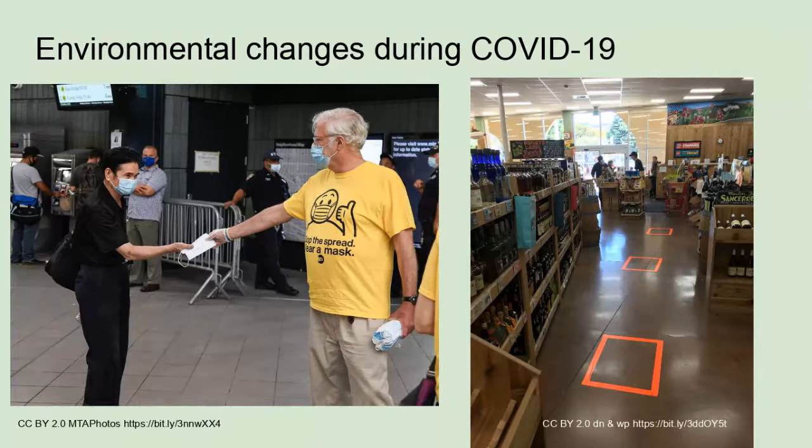And you've also got other interventions such as increasing the availability of face masks. I think right at the very start of face masks being mandatory on public transport, there were people handing them out. And also they've been made much more available in shops. So you can see these kind of interventions happening all the time.